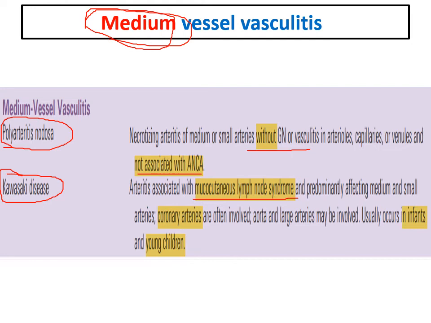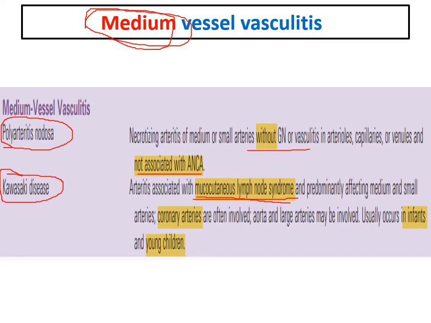What about Kawasaki disease? Kawasaki disease is usually a disease of children, usually less than 5 years of age. It was first described in Japan. As we said, it is characterized by what is called mucocutaneous lymph node syndrome. What is meant by this term? It usually includes fever, mucosal inflammation, and lymphadenopathy.